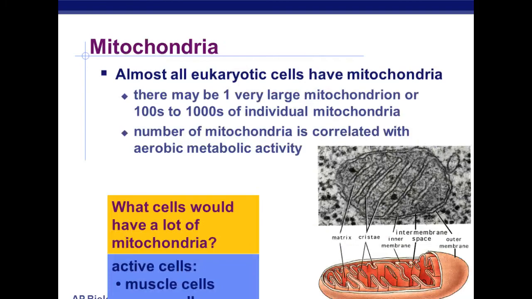Now, do all cells have the same number of mitochondria? What do you think? Write in your notes that the number of mitochondria in a eukaryotic cell is determined by how much energy that cell actually needs. Meaning, a muscle or nerve cell may need more energy to do what they do than, say, a blood cell does.